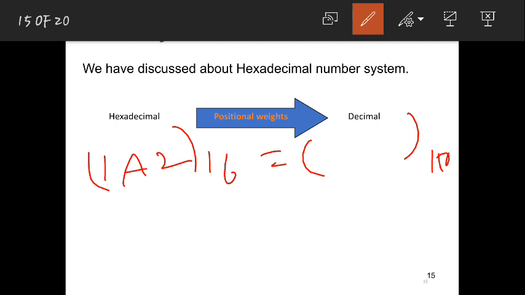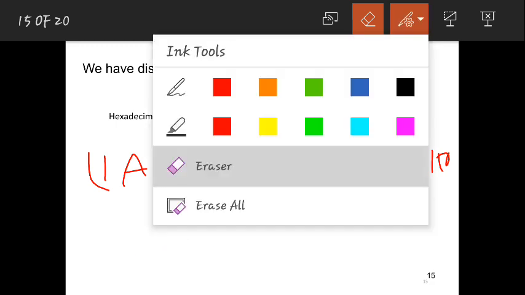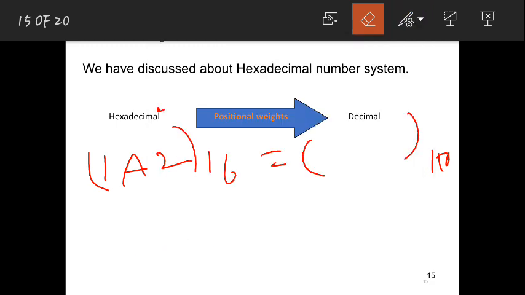To convert that, you need to take the LSB, that is 2 into 16 to the power of 0, plus A means 10 into 16 to the power of 1. Let me write it here clearly.